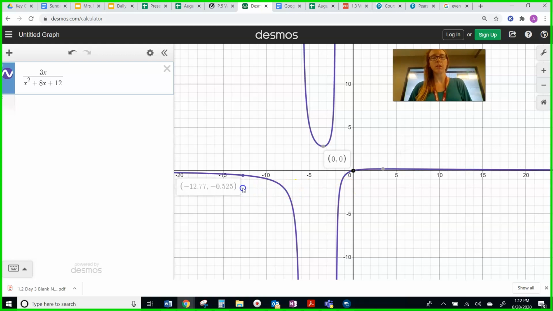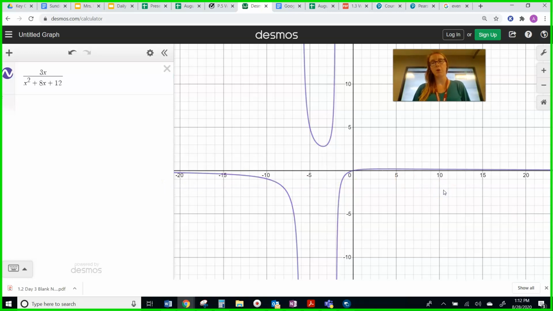Okay? And this side too is getting closer. That y value is getting smaller and smaller and smaller, but it is getting closer to 0. So in the middle of your graph, sometimes your graph will jump over the asymptote and then come at it from the other side, and that's okay. It's just a weird thing that happens.